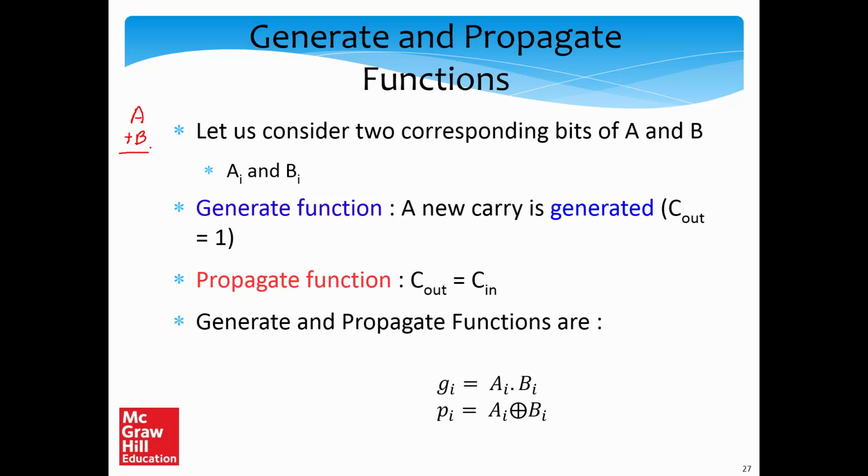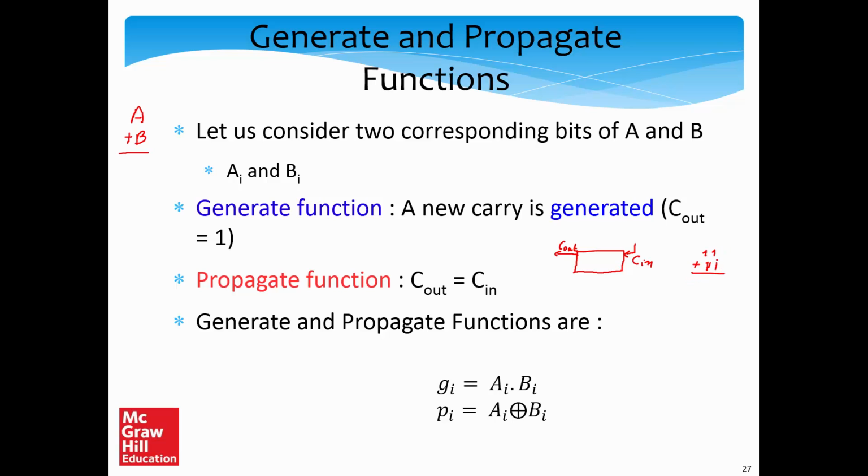On similar lines, let us define a propagate function. Basically, if I consider a block of bits, irrespective of the input carry, if we are generating an output carry, we say that the block is generating a carry. For example, let me consider this block 1 1 plus 1 1. Irrespective of the input carry, we will always generate an output carry.